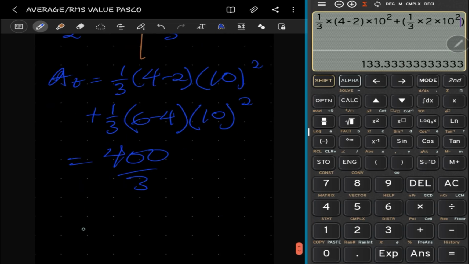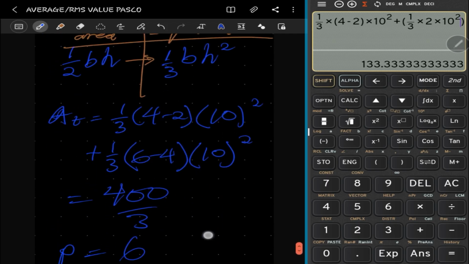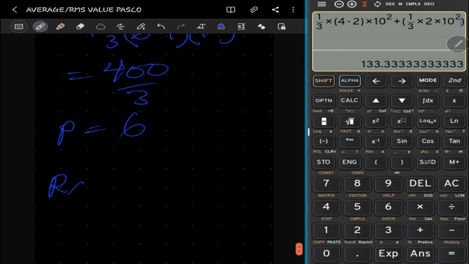And then we know the period for one cycle is 6 seconds. So the RMS value will be equal to the square root of the total area over the period.